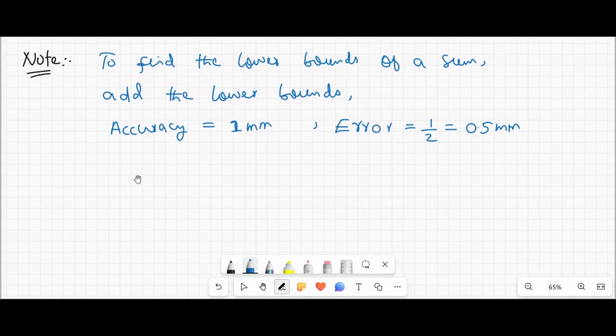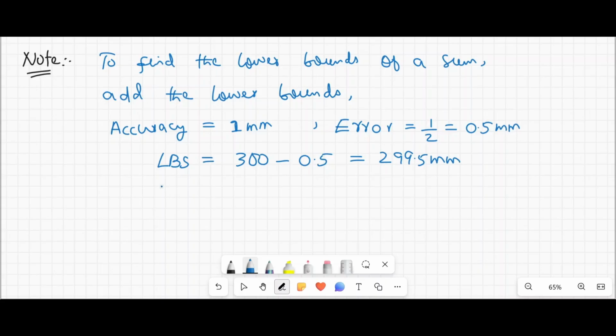So the lower bound of the small cupboard is 300 minus 0.5, which gives 299.5 millimeter.